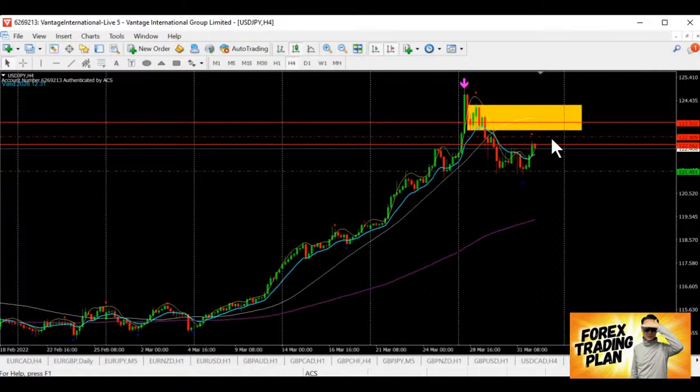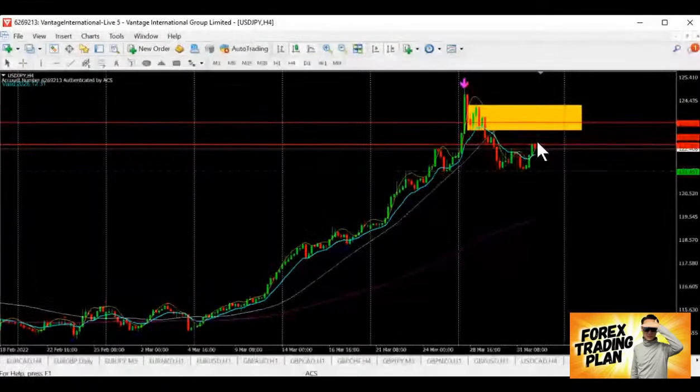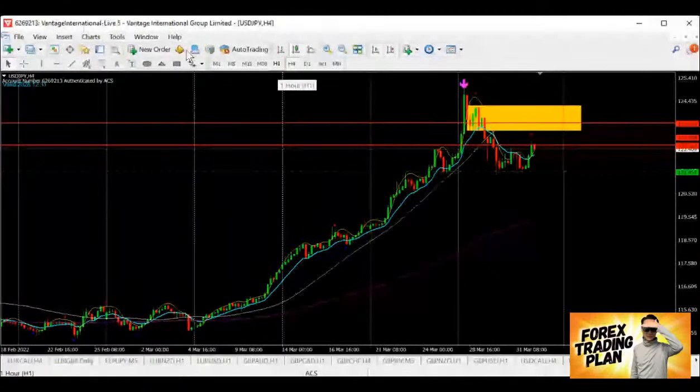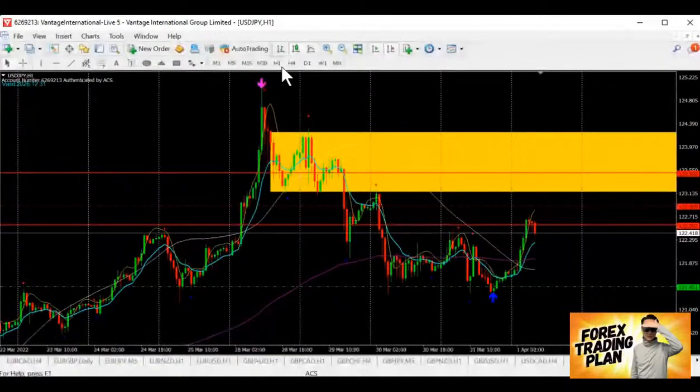So now within the resistance area, we are creating a lower resistance for dollar yen. It's creating a lower resistance right now.